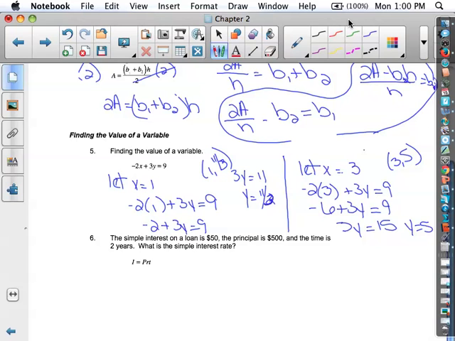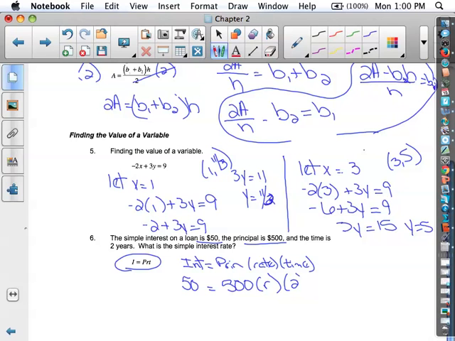So here's the formula that says the interest is equal to the principal times the rate times the time that you will leave that money in an account. So the principal is $500. The interest is $50. You don't have the rate, and the time is 2 years.